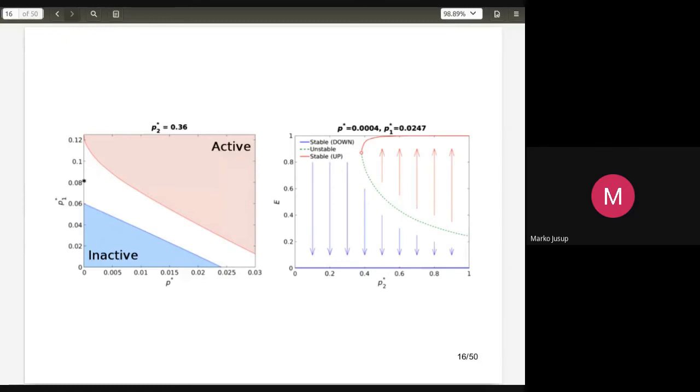We can see that for the same set of parameters, we can have two states at the same time: a stable active equilibrium, the red one, and a stable inactive equilibrium, the blue one.